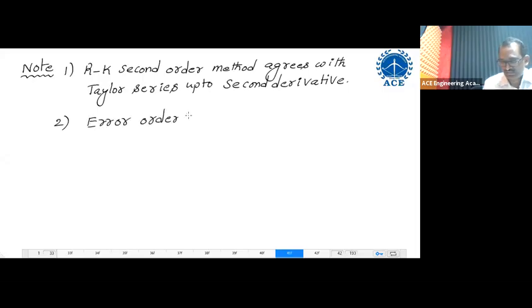Error order is 3, because it is equal to Taylor series up to second derivative only. If you solve up to third derivative, you will get error values. That's why error order is 3. As we discussed already in the previous method, we need to take a small step size.